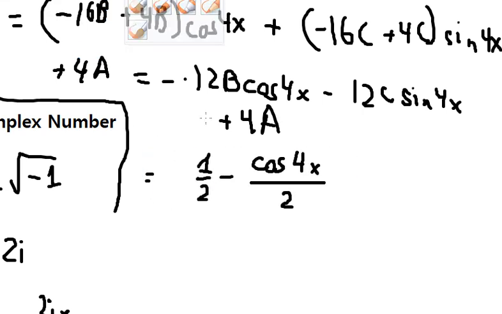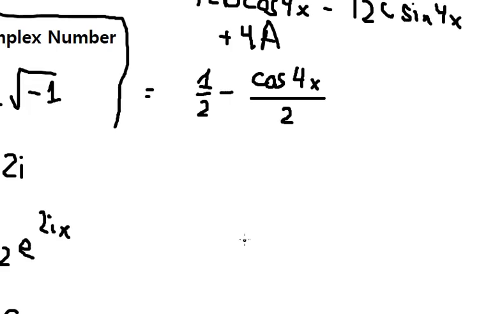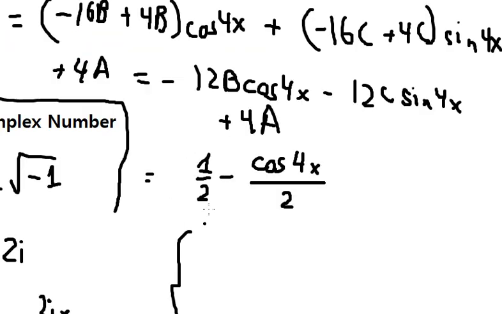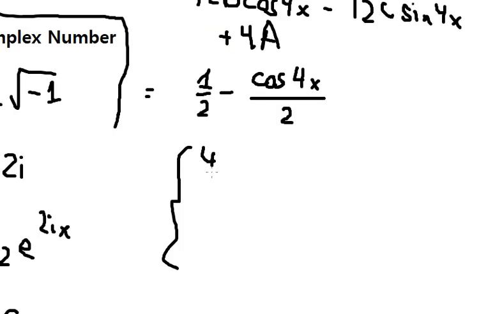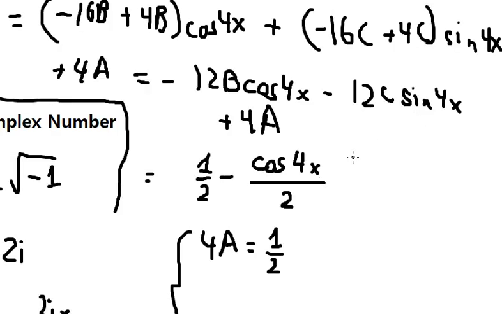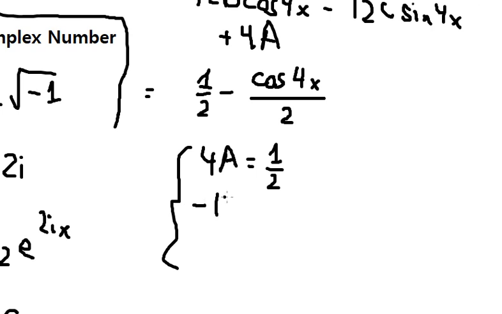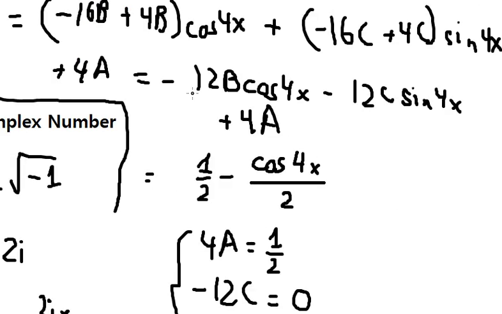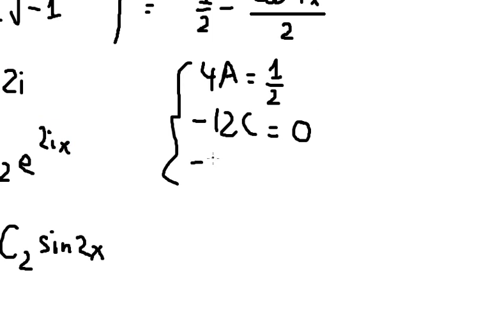So we need to compare coefficients. We have 4a equals 1 over 2. We don't have sine 4s, so negative 12c equals number 0. And the next one, negative 12b equals negative 1 over 2.